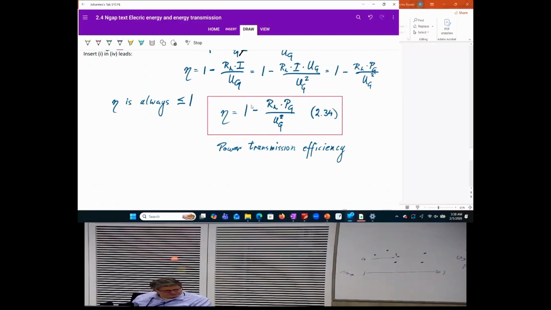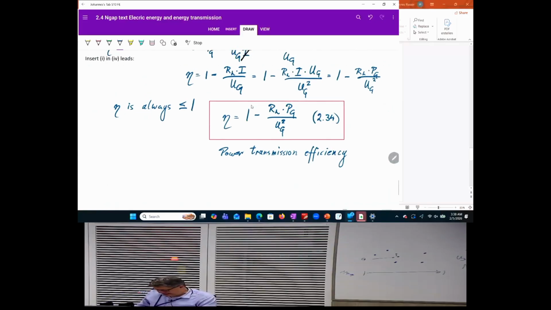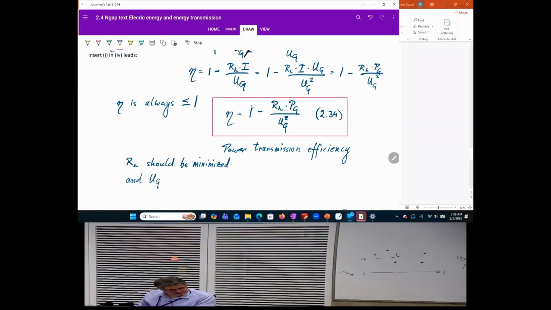And then, of course, this is not included here, but you have to transform it down at the consumer side, because you don't want to have 10,000 or more volts in your plug point, even though you could reduce the losses of your devices. So RL should be minimized, and the generator voltage should be maximized.